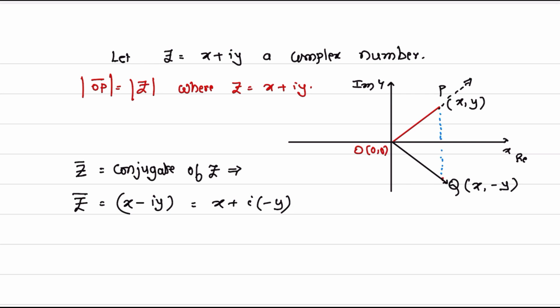In the original number z, if it is positive, it gets turned into a negative imaginary part. The sign of the imaginary part changes in the conjugate. That means if z is equal to x plus iy, then z bar is equal to x minus iy. This is the conjugate by definition, and the conjugate is represented like this. This is z and this is z bar. Geometrically it is represented in this manner.